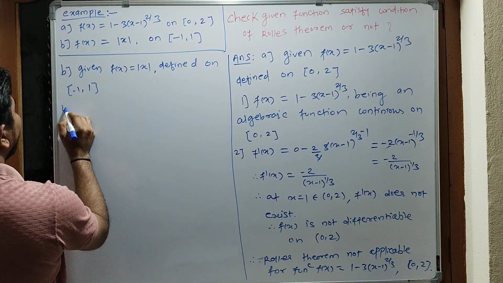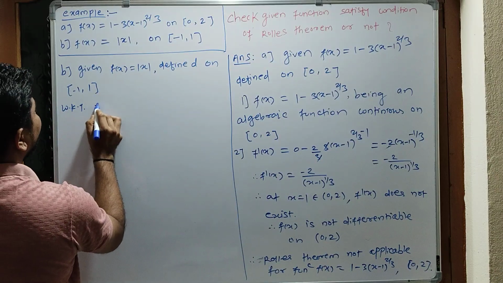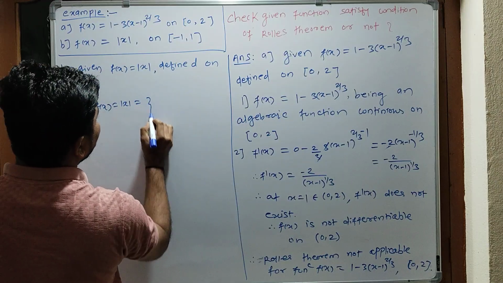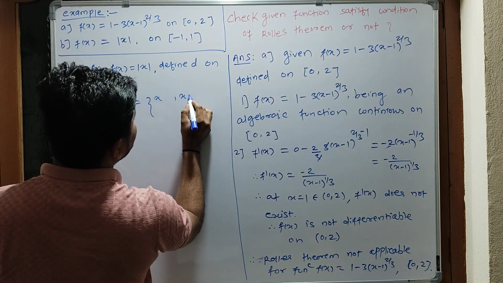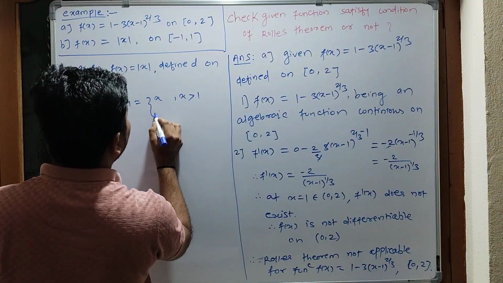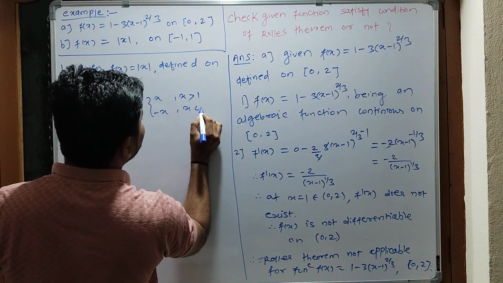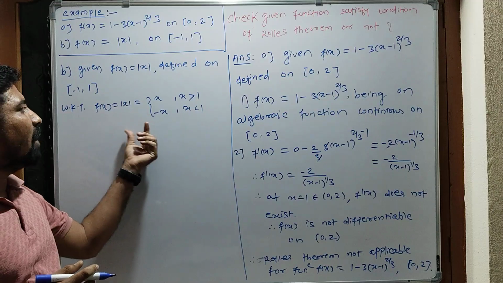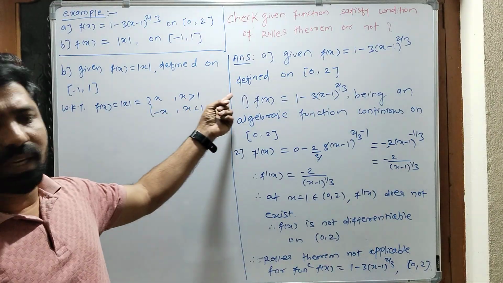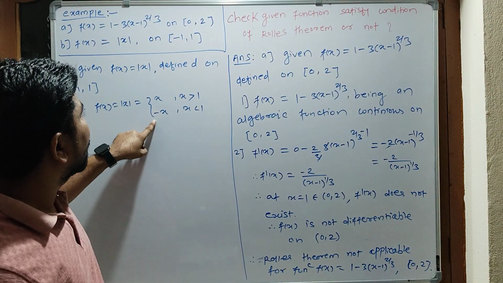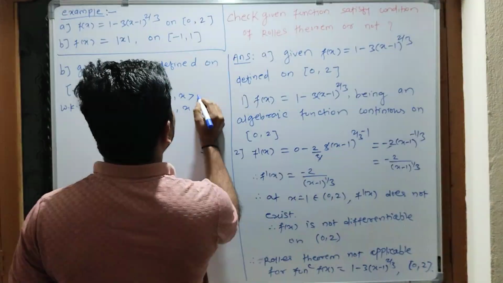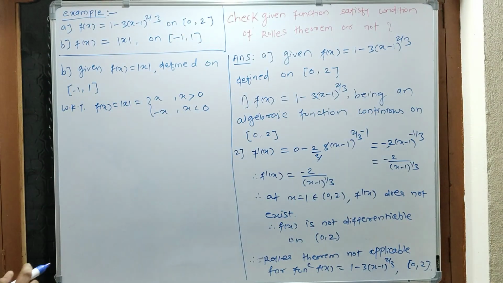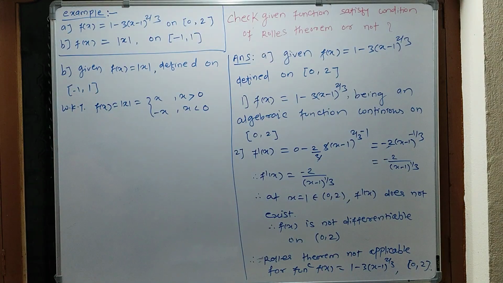We know that f(x) = |x| equals x when x is greater than 0 and -x when x is less than 0. So this is my function.